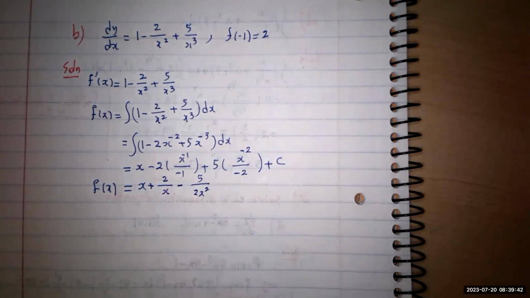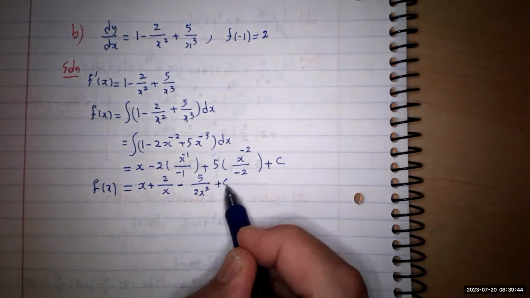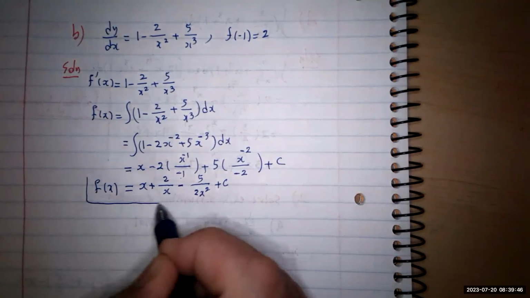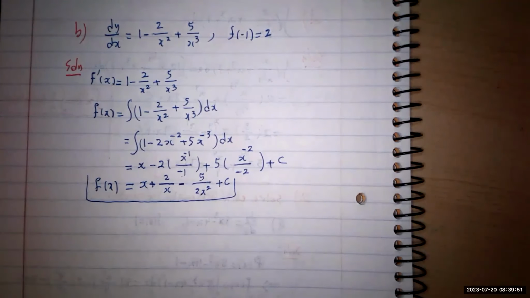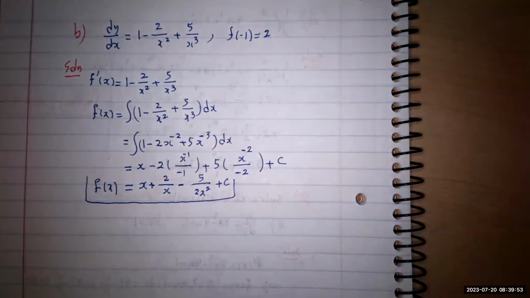And the last one is just a constant c. So this is going to be your general solution. Any question? So you will have some fractions or some radical expression.